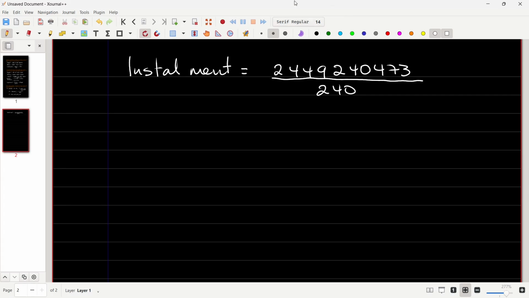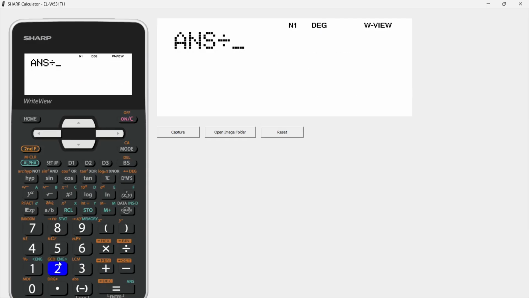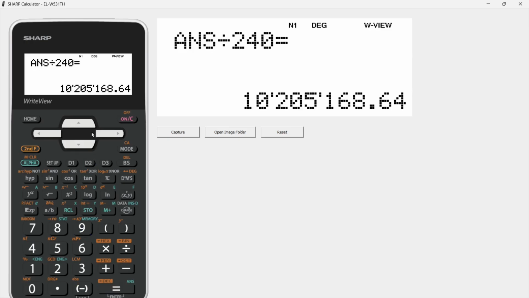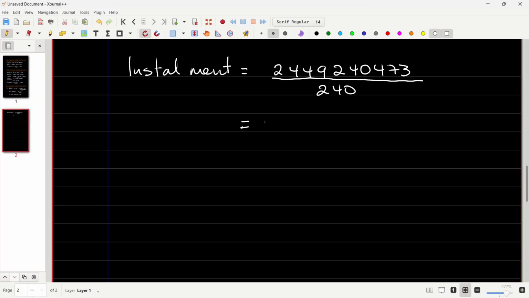All right, let's go back to the calculator. We divide this answer by 240, and we get 10 million. That's his monthly installment: 10,205,168.64.